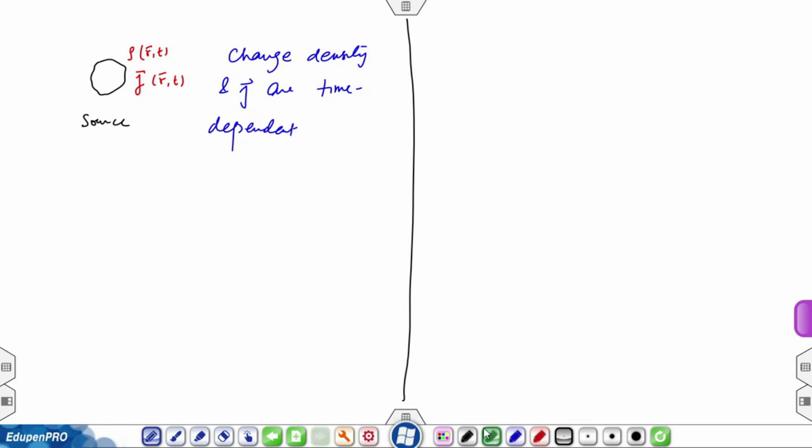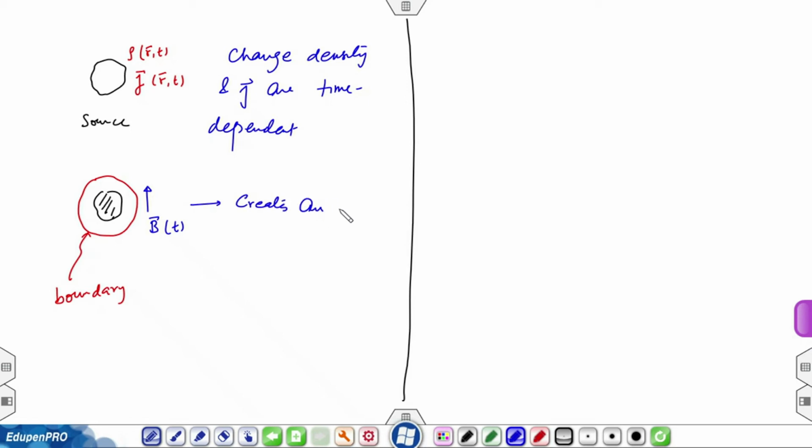So, here is the source which I am isolating, and at the boundary, let me make the boundary outside, I have these B and E changing. So, here are E and B changing. Let us look at some B which is a function of time at the boundary, and this creates an electric field.